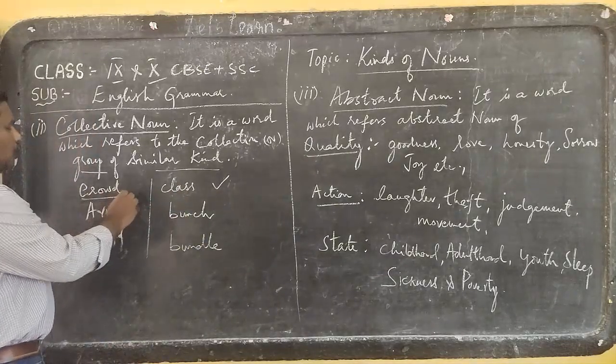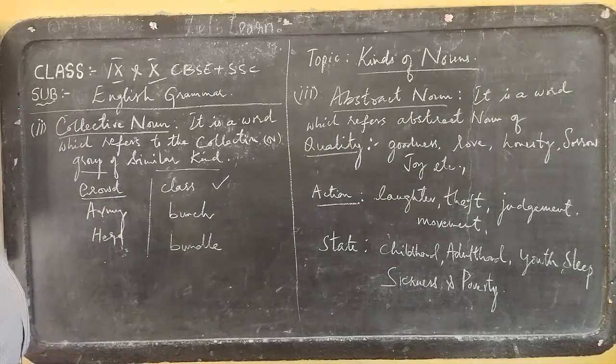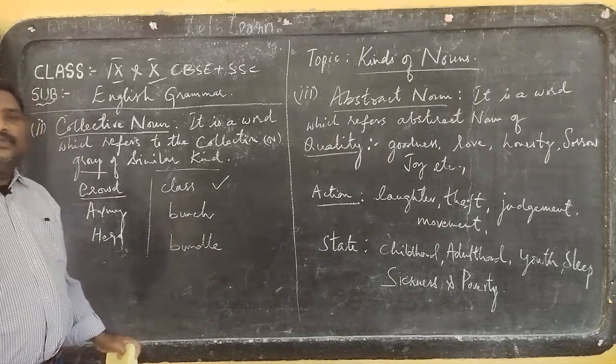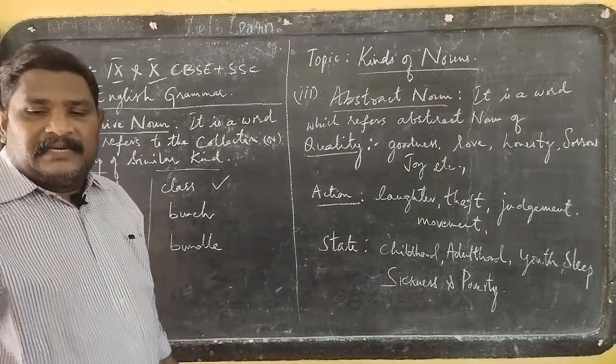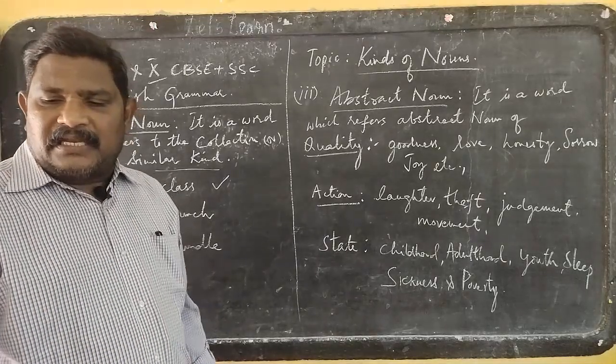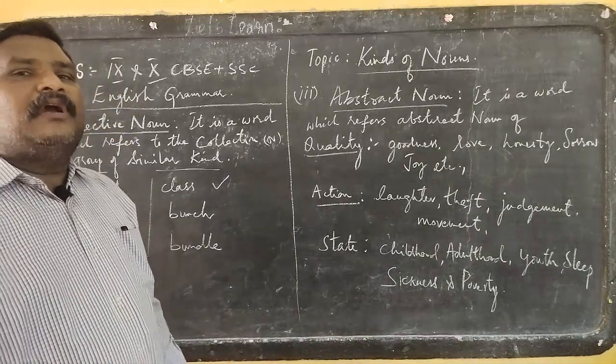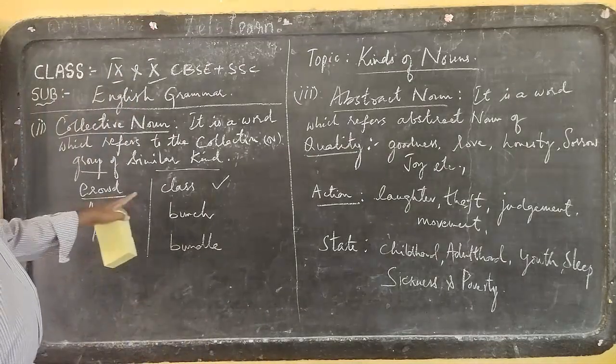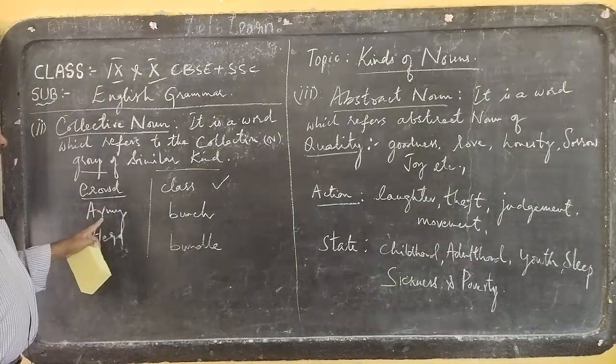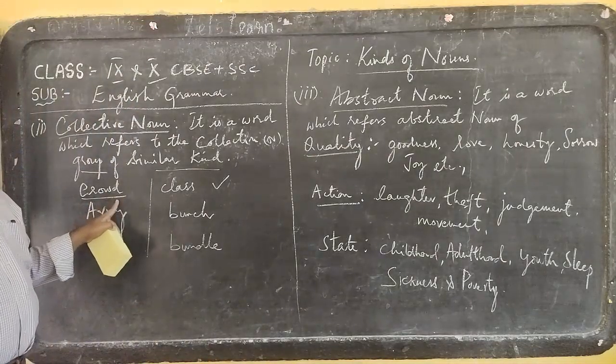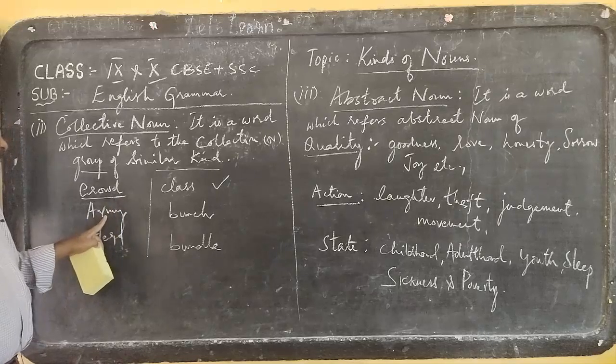And crowd, if you see the word crowd, crowd is again a collective noun. Crowd of people. There are many people standing outside there in the form of a crowd. Crowd is a collective noun here. Next we see army.